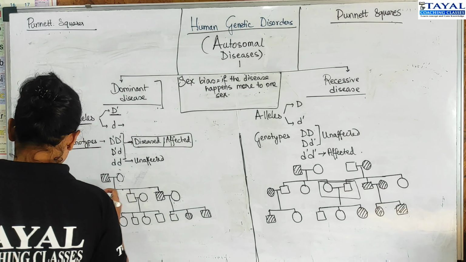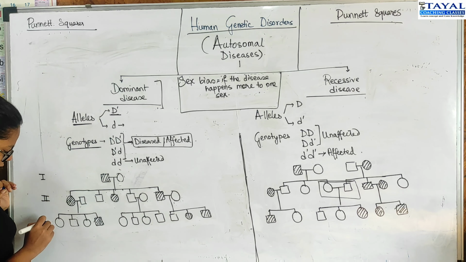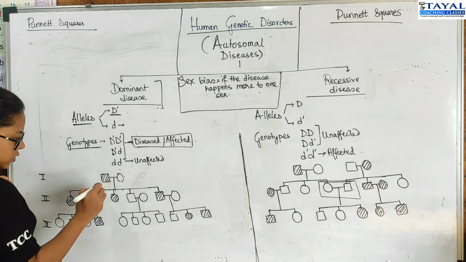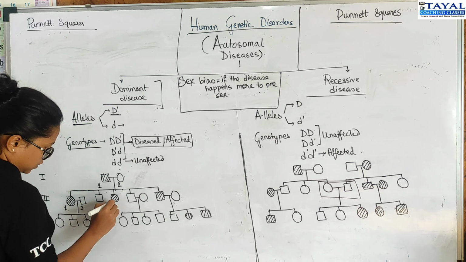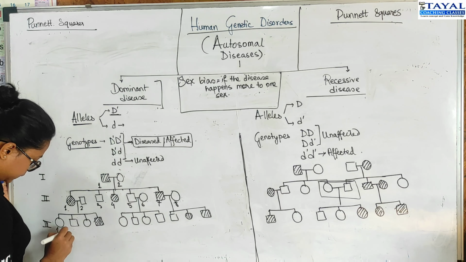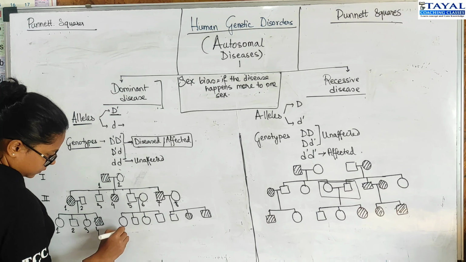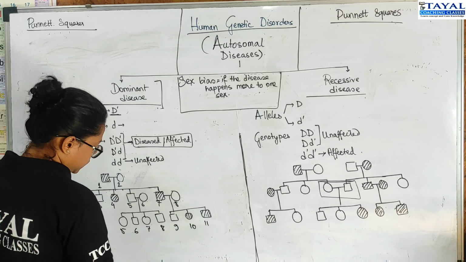Let's number the pedigree. This is generation 1, generation 2 and generation 3. So individual 1, 2, 1, 2, 3, 4, 7, 8. Right?